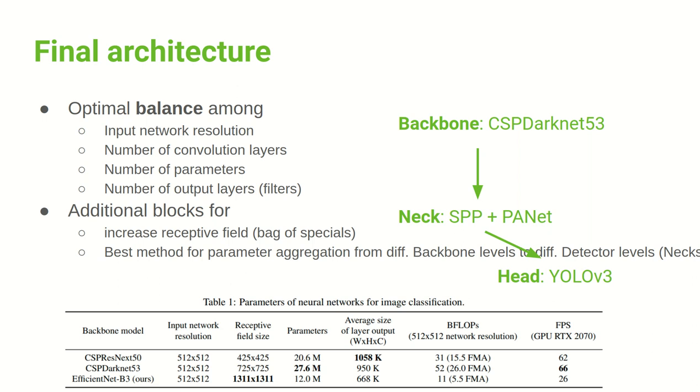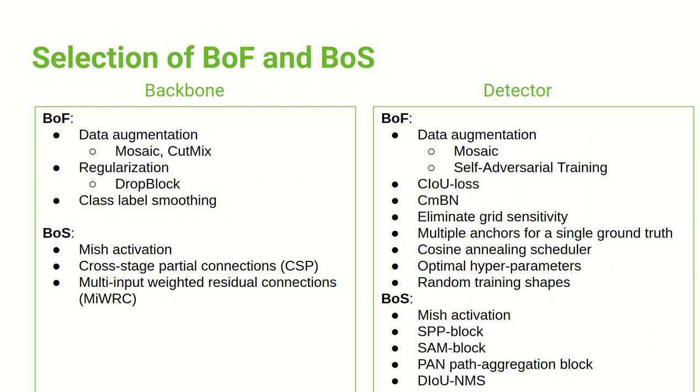Later we will show the results of why they selected from CSPResNeXt50 and DarkNet53. So we just talked about the selection between backbone architectures, the additional blocks, the neck structures, and also the head.